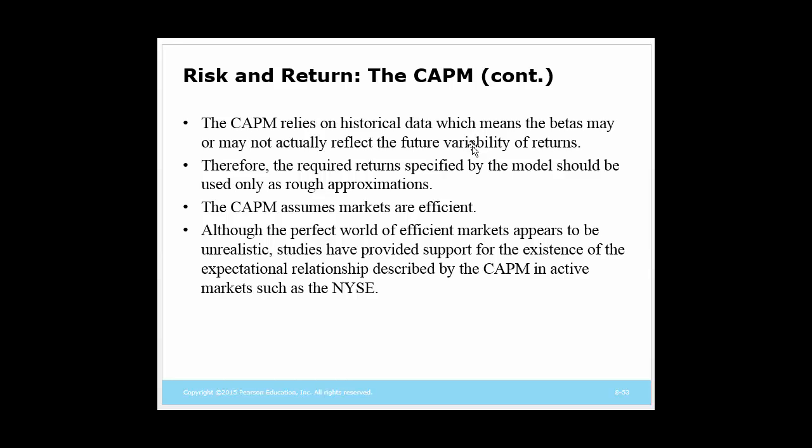We talked a little bit about that, and I think we've come to the conclusion that the stock market is fairly efficient, but it's not perfectly efficient. So in a perfect world, it may seem like the capital asset pricing model will give us very true, very predictable returns, but we don't live in that world.